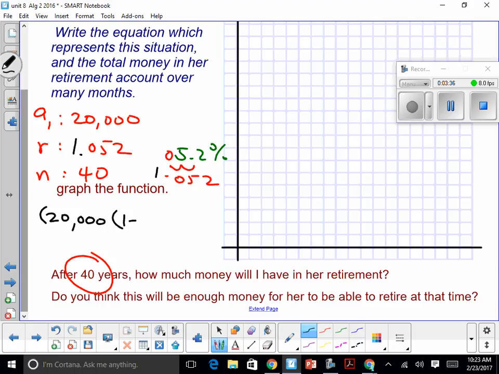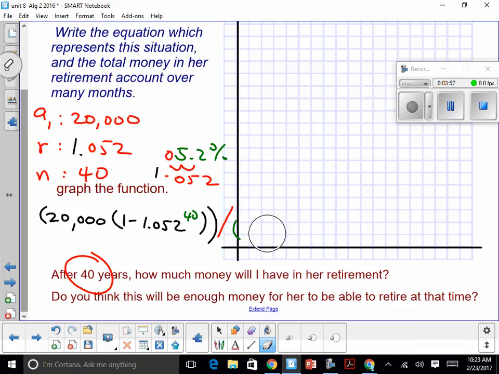The R was a 1.052 raised to the power of 40. I'm writing it down the way I would type it into the calculator. Divide by. In the bottom, we have the 1 minus. That's where I'm going to write it so it looks exactly like the top.